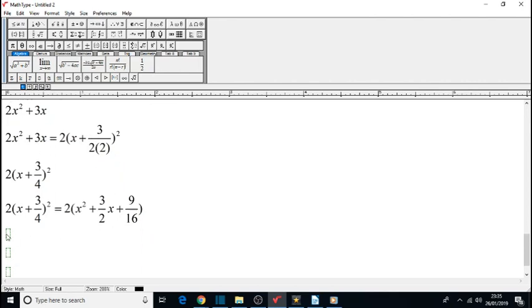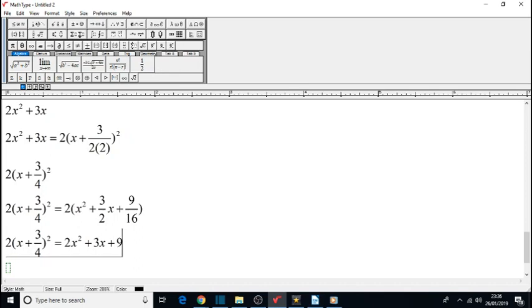So now we're going to multiply out by 2 because 2 is outside the brackets. So 2(x + 3/4)² is equal to 2x² plus, 2 multiplied by 3/2 x is equal to 3x, and 2 multiplied by 9/16 is equal to 9/8.